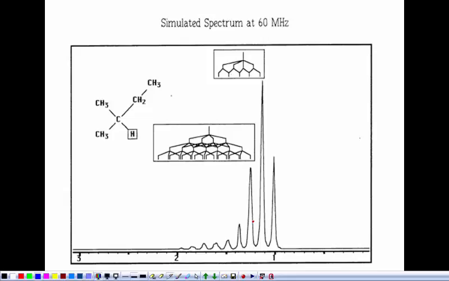Then we used to try and compare our unknown compounds to books that had spectra in it. And we actually had these books up until about 5 years ago. It was a whole bookshelf just full of pages and pages and pages of spectra, but they were all taken at 60 megahertz. So when we moved to the new building, because the 60 megahertz spectra, while the chemical shifts are the same, the appearances aren't.